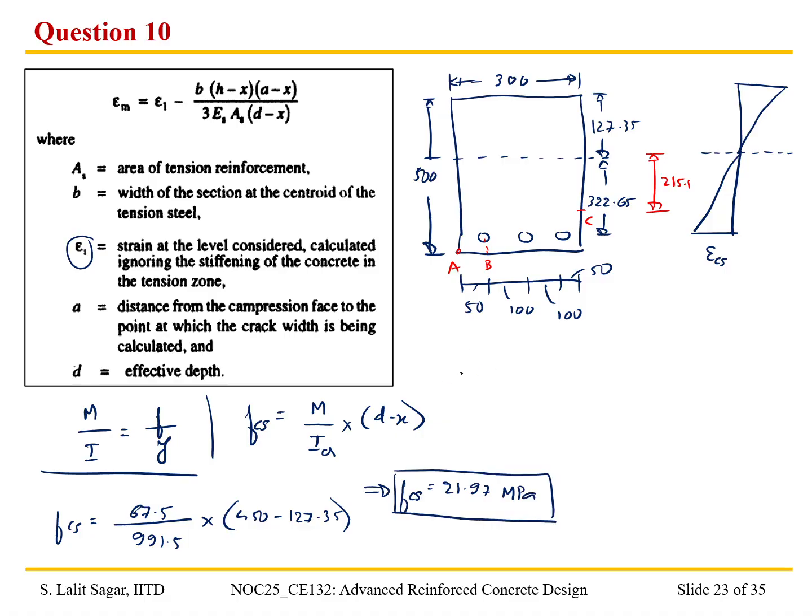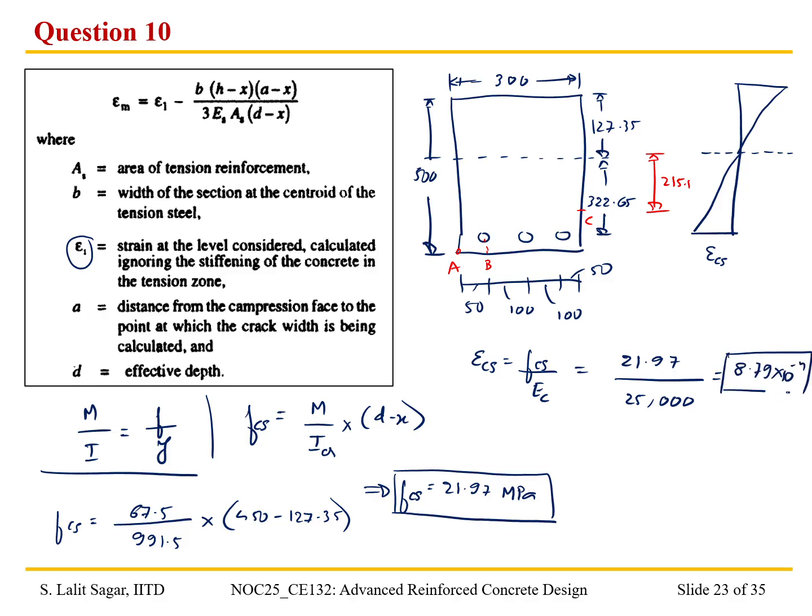Okay, how do we find out the value of epsilon CS now? Epsilon CS is equal to FCS divided by EC. Okay, that is 21.97 divided by 25,000. That gives me a value of 8.79 into 10 to the power minus 4.